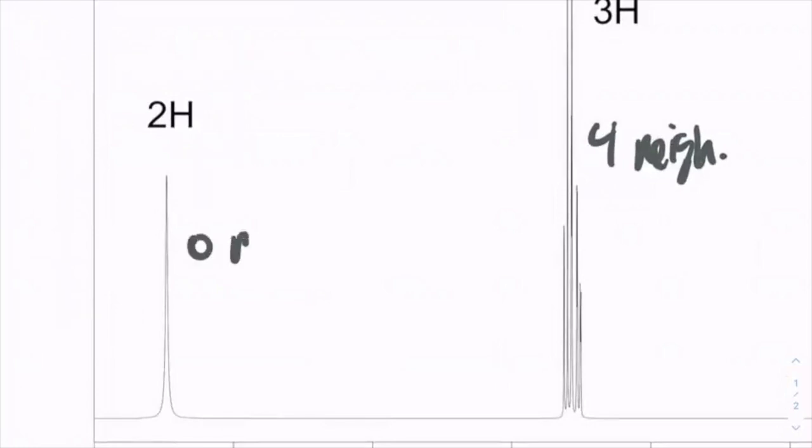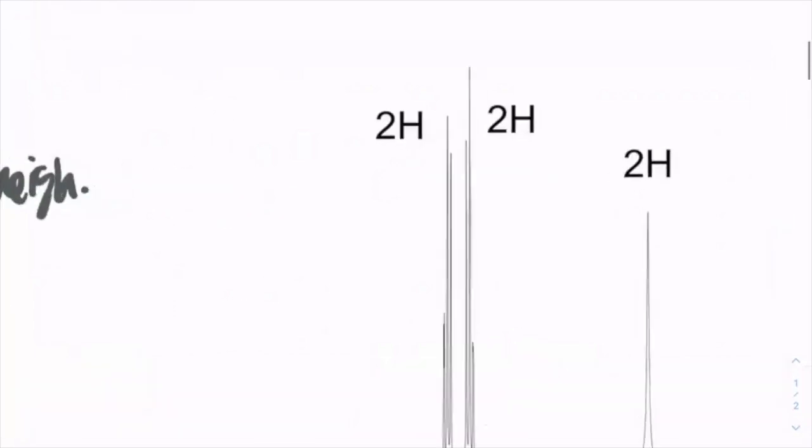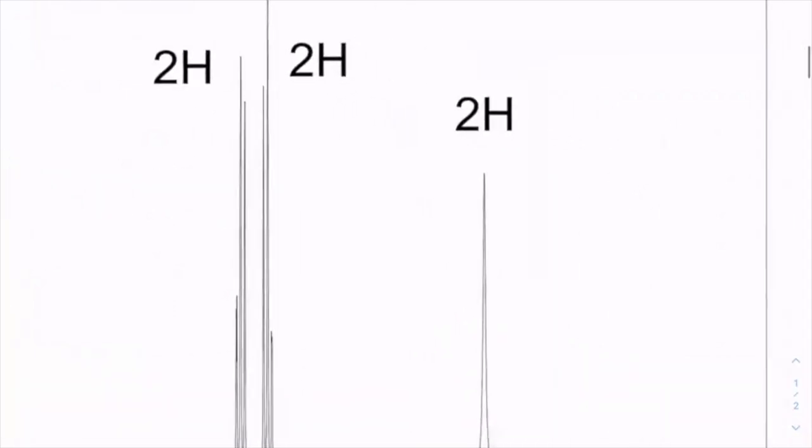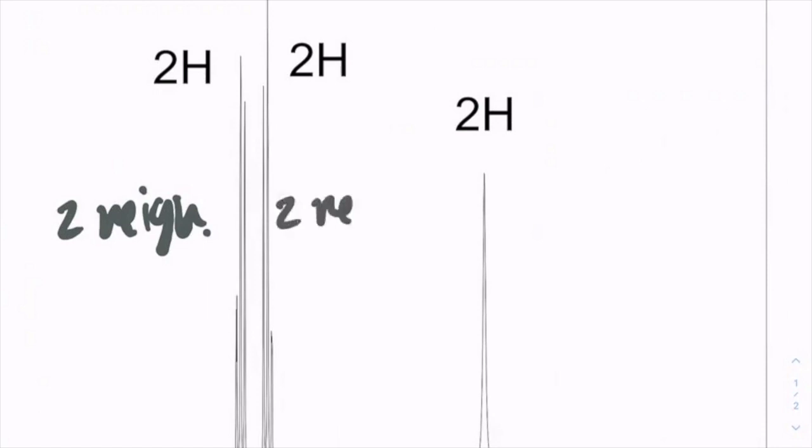This is 0 neighbors, right? Yeah. 1, 2, 3, I think. Yeah, I think it's 2 neighbors. And then same thing for this one too, right? Oh, I see. And then the last one has no neighbors.